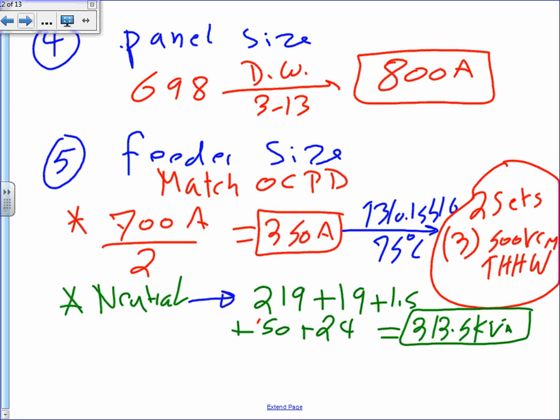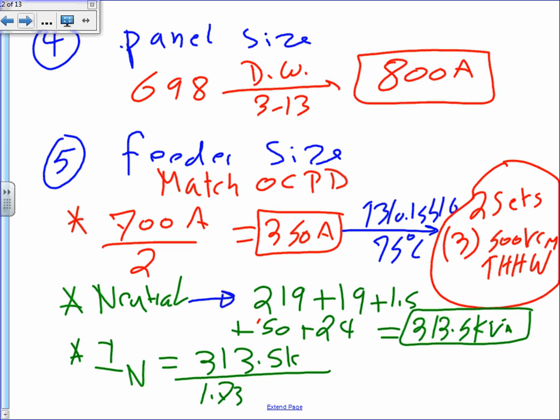Let's find the amps. I neutral, the current for the neutral, equals 313.5 k divided by 1.73 times 480. What do you guys come up with? 377.5 amps.